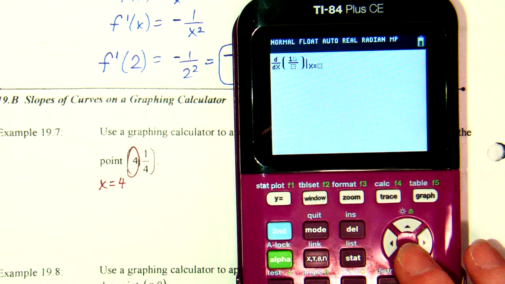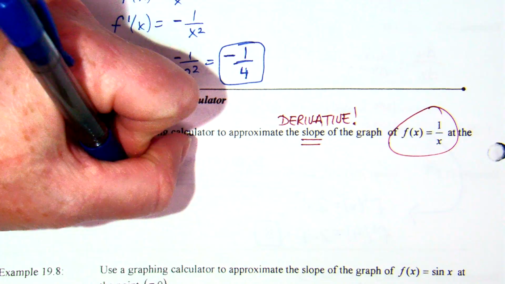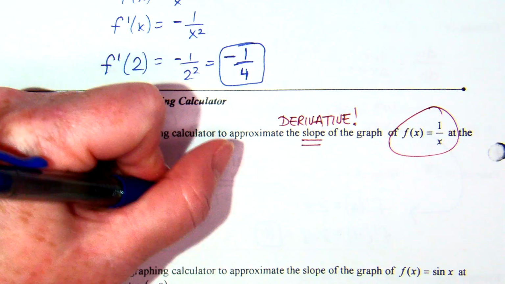Yep. Okay. Now, I'm going to write down some information in case you forget, if you're looking at your notes later. So, first of all, it was math menu, option 8. It is also in one of your alpha shortcut menus up top. I forget which one, but you'll find it.